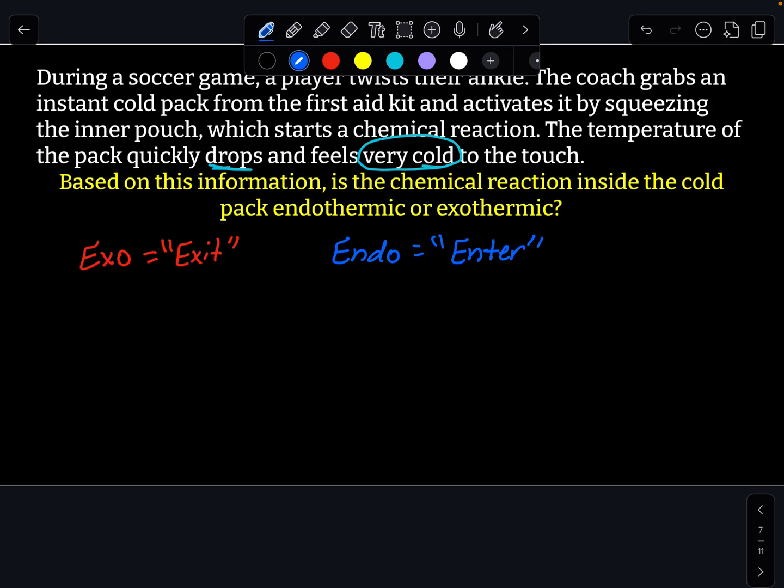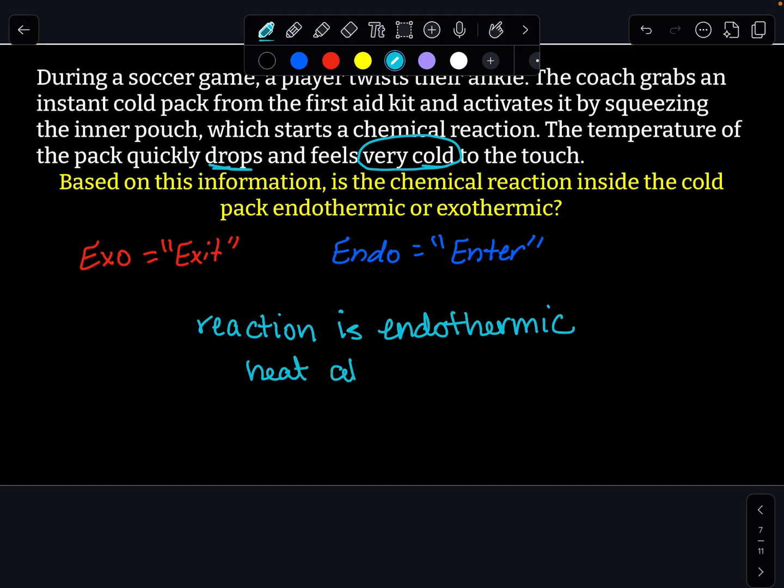So based off of this, if it feels cold to the touch, then I know that the reaction is endothermic, meaning that heat is absorbed, which means that it feels cool or cold.